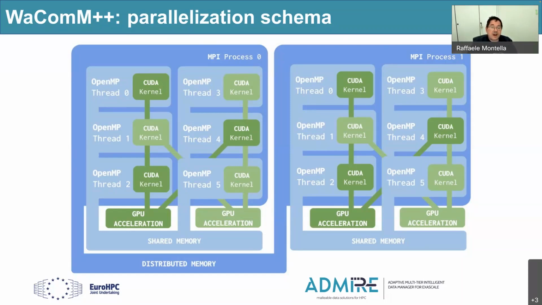And if we have active the CUDA GPU acceleration, each thread can share part of the GPU. Of course, if we have multiple GPUs on the same computing node, we can use multiple GPUs for each node. In this case, each GPU will receive part of the computation of the particles assigned by the thread.